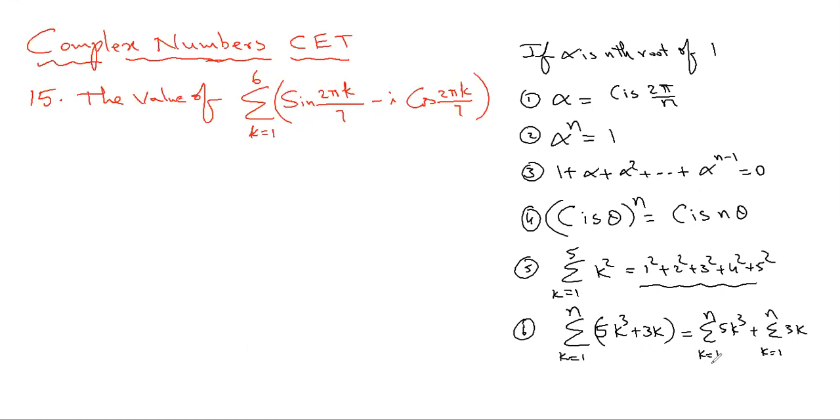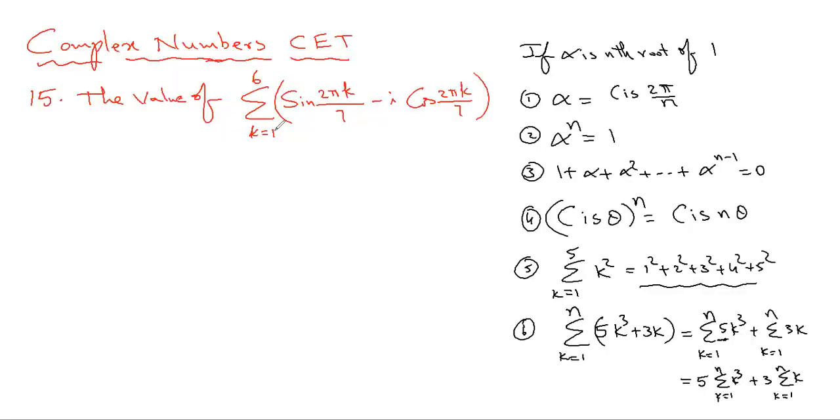And the other fact is that you can write the term which is independent of the running variable outside the summation when it is in multiplication. K is called the running variable. So 5 times summation of k equal to 1 to n of k cube plus 3 times summation of k equal to 1 to n of k. So these are basic things you need to know to answer this question.